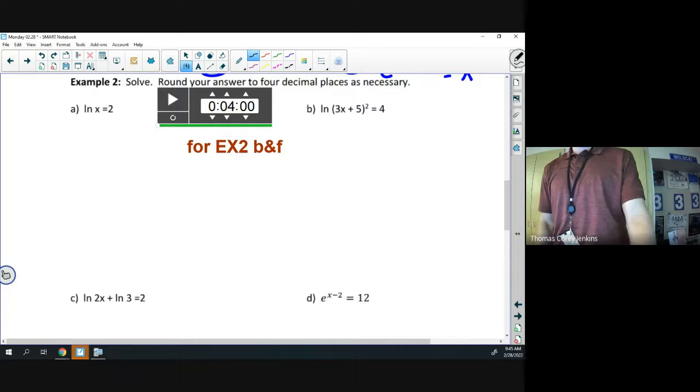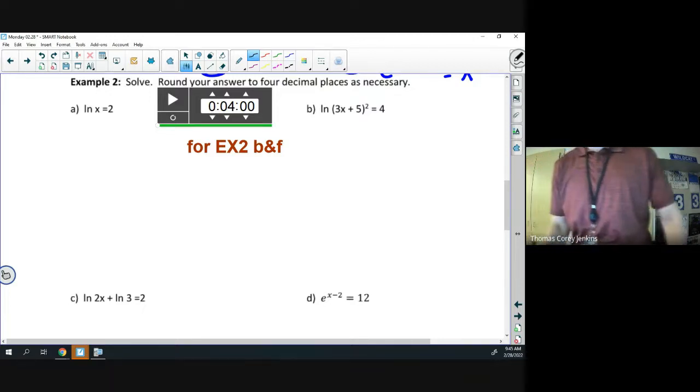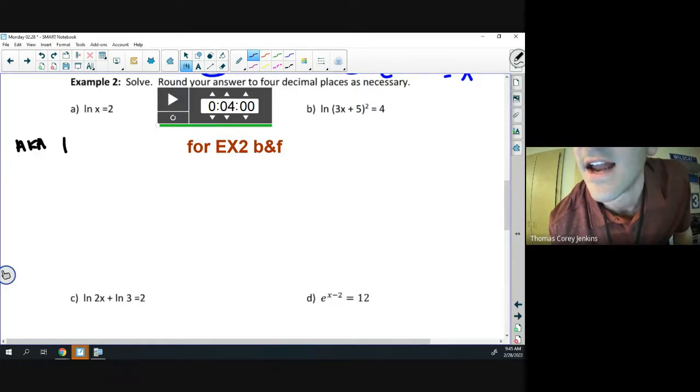All right, so A just says the natural log of x is equal to 2. I think it's easiest to think about another way to write this. Instead of natural log of x, you could think of it as log base e of x.